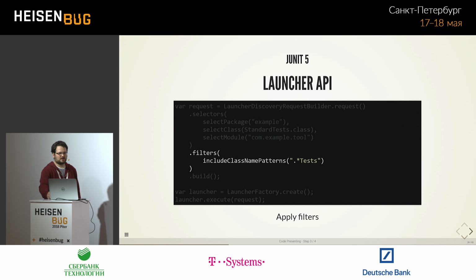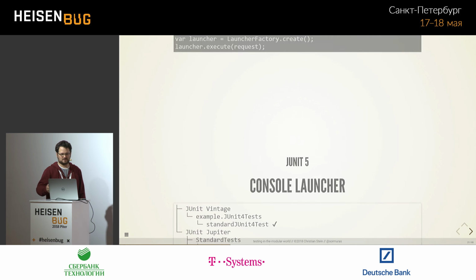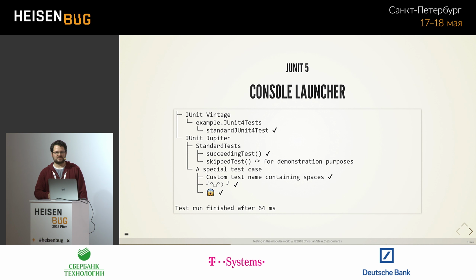Then you can apply filters to it, like only class names that end with Tests, so discovery may be sped up with it. Then you have your launcher factory, you pull in the request, you just build it, and there you go. There's the test run. And you see, there was a single JUnit 4 test. There are a couple of JUnit 5 Jupiter tests, and they're all executed.